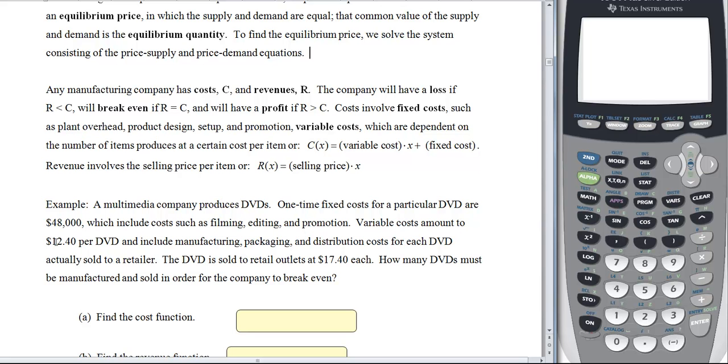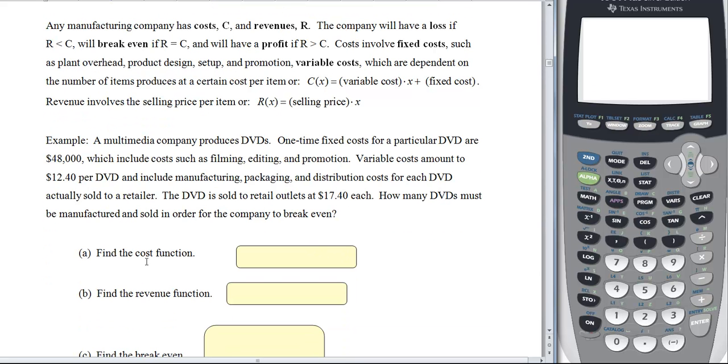Variable costs amount to $12.40 per DVD and include the manufacturing, packaging, and distribution costs for each DVD actually sold to a retailer. The DVD is sold to retail outlets at $17.40 each. How many DVDs must be manufactured and sold in order for the company to break even?